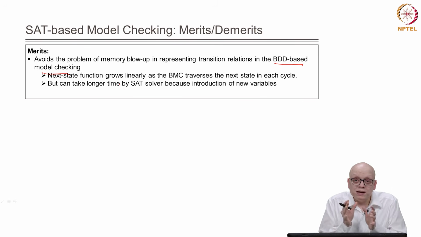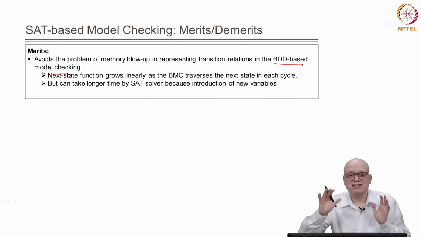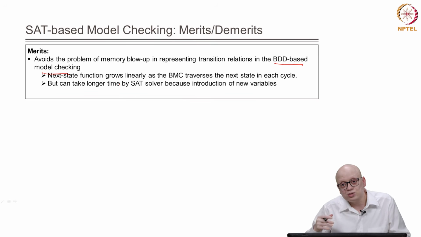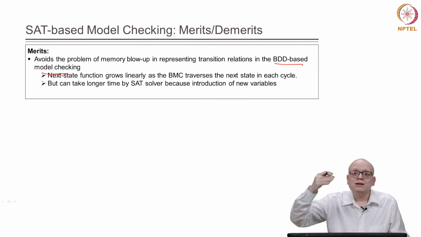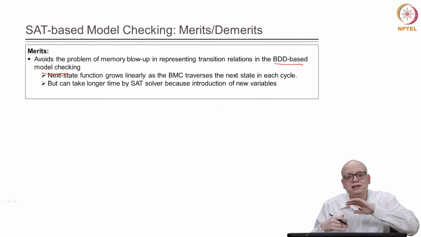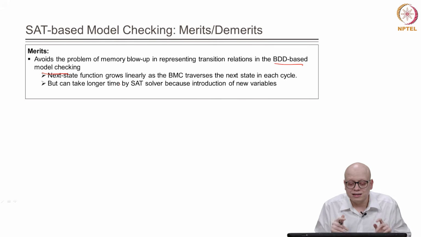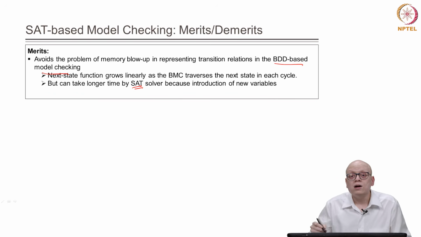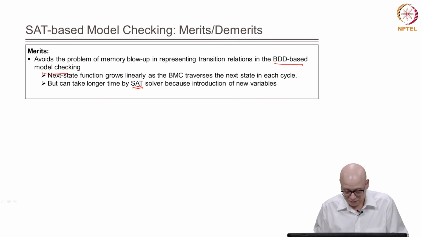But the problem for the SAT solver increases exponentially. If the number of variables is n, and we increase to n plus 1, then the solution space where the function can be satisfiable increases exponentially, and therefore, the problem becomes more complicated for the SAT solver and it will take more runtime.